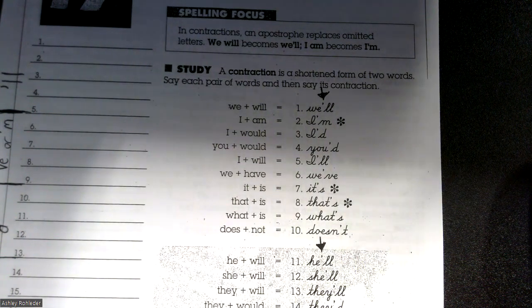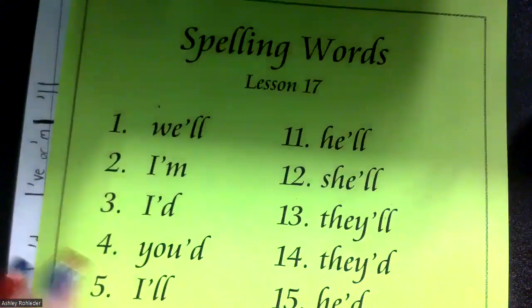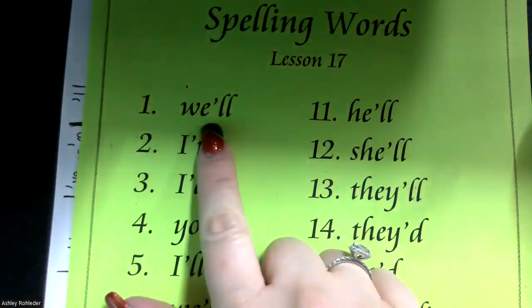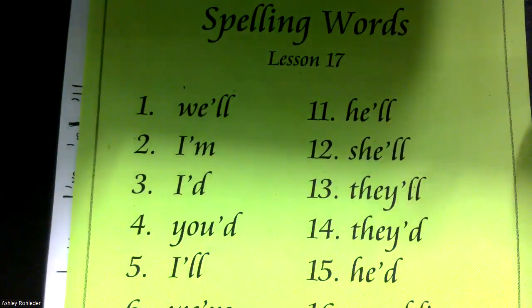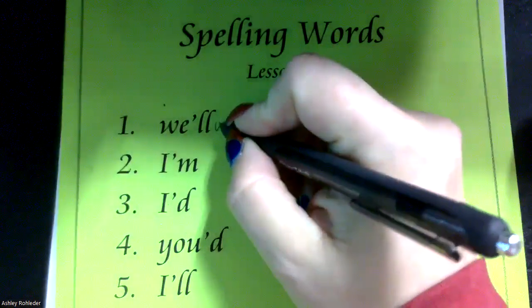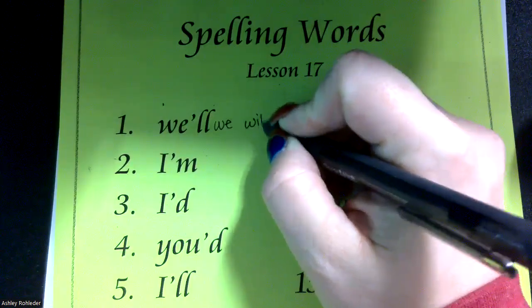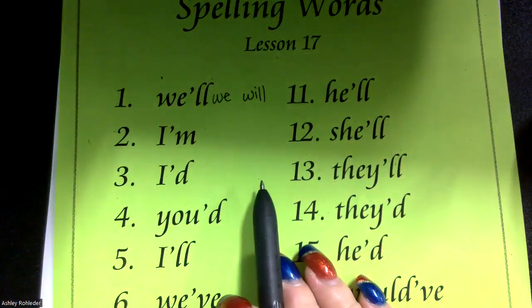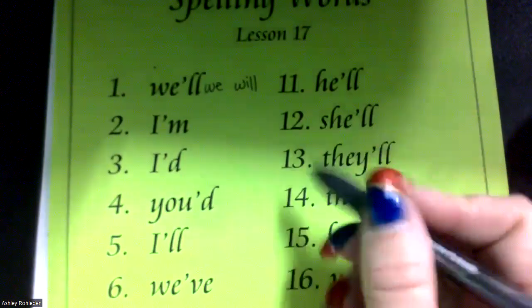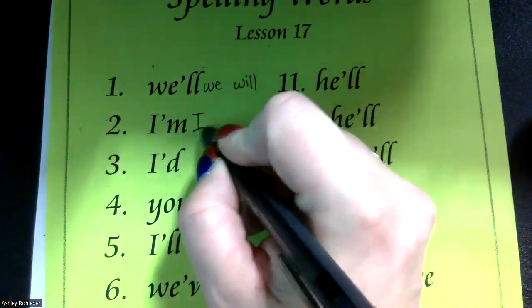Okay, what are these words that we see? They are contractions. What does that mean if it's a contraction? Two words combined. So we'll is a contraction for what? We will. I'm is a contraction for I am.